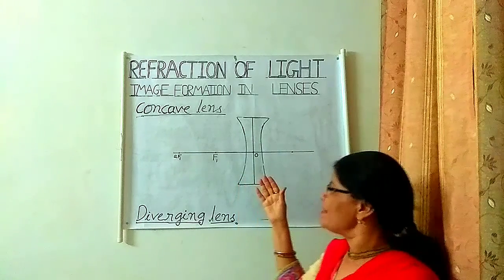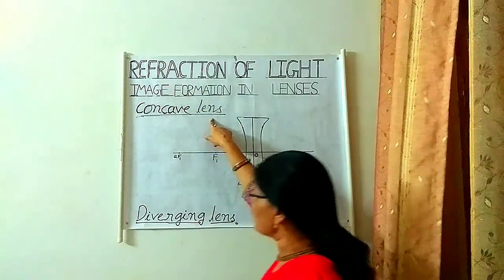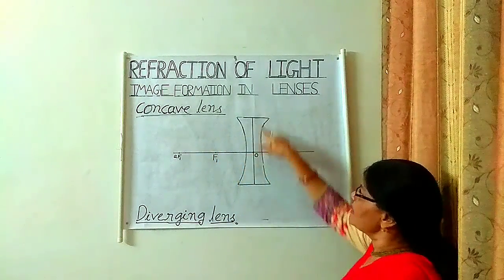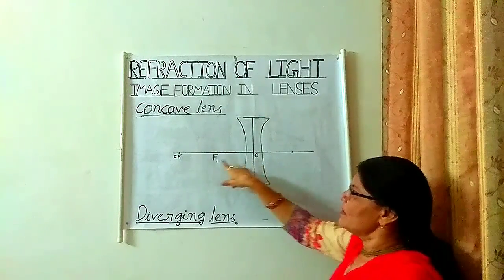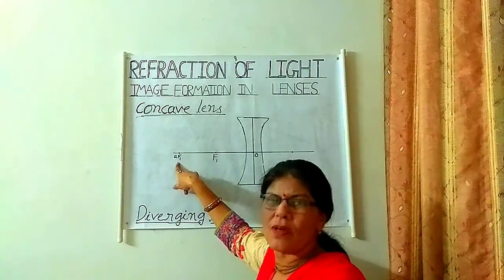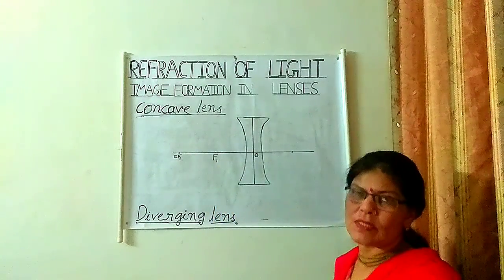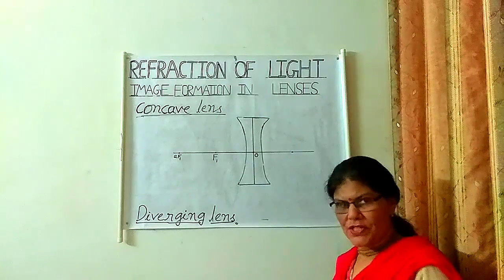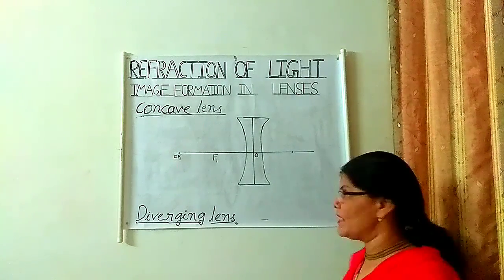So this is all about our convex lens. The concave lens is called a diverging lens. So this is our concave lens, this is the optical center, this is the principal focus, and this is the center of curvature or 2f1. So here again our source is at infinity and a parallel beam of light is incident on the concave lens.